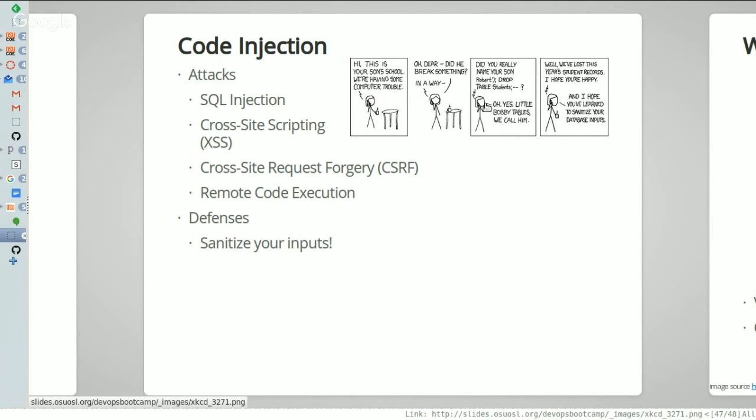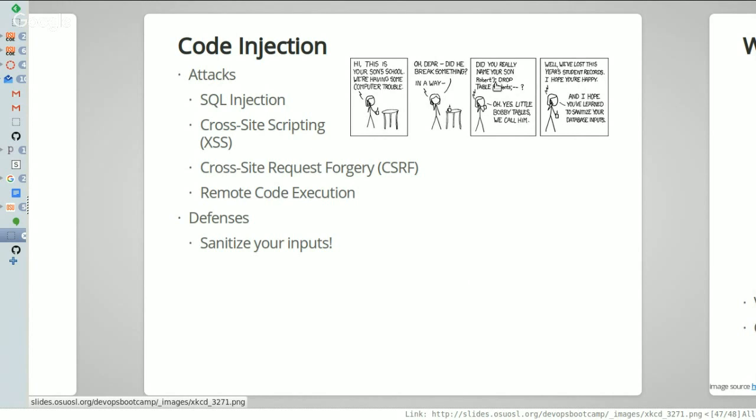So this woman names her son Robert, apostrophe, end parentheses, semicolon, drop tables, students, and then another semicolon. So this string here is the ending of an SQL query. She's assuming that they just want this Robert part.